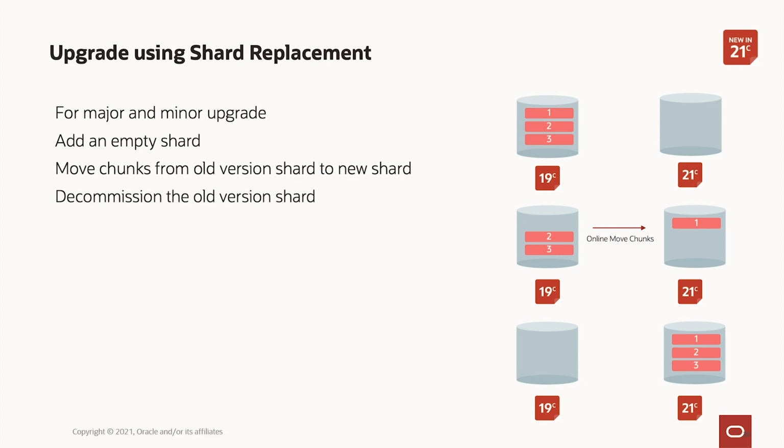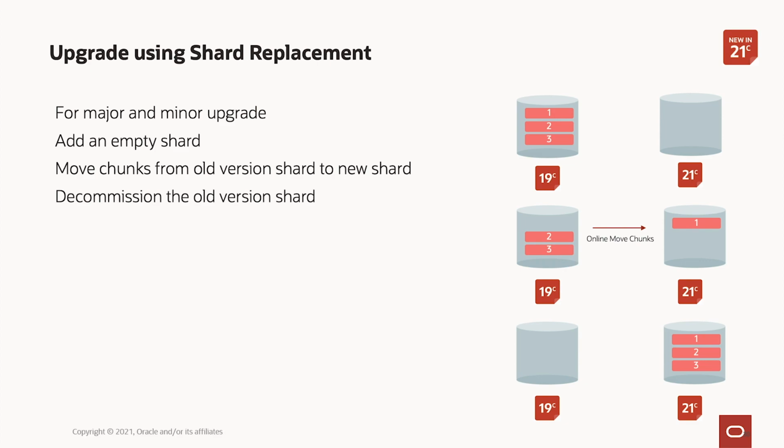This is another interesting feature which we introduced in 21C, and this helps with upgrade using shard replacement. Again, this came based on a request from some of our customers. So this helps with the upgrade as well as patching. Upgrade is like going from, say, 19C version of database to 21C. We call that a major version upgrade.